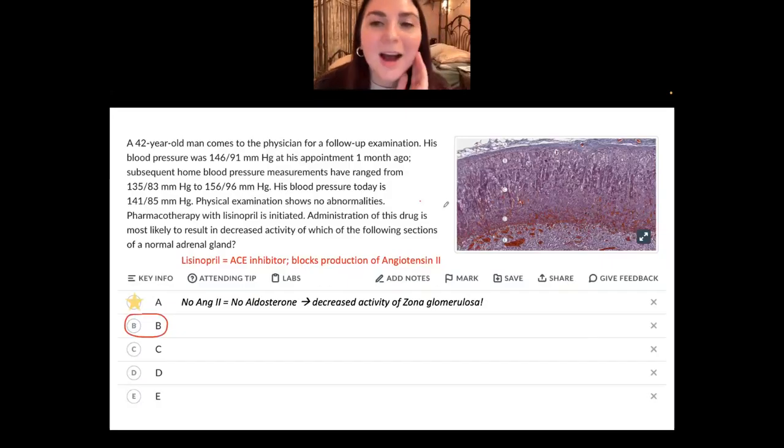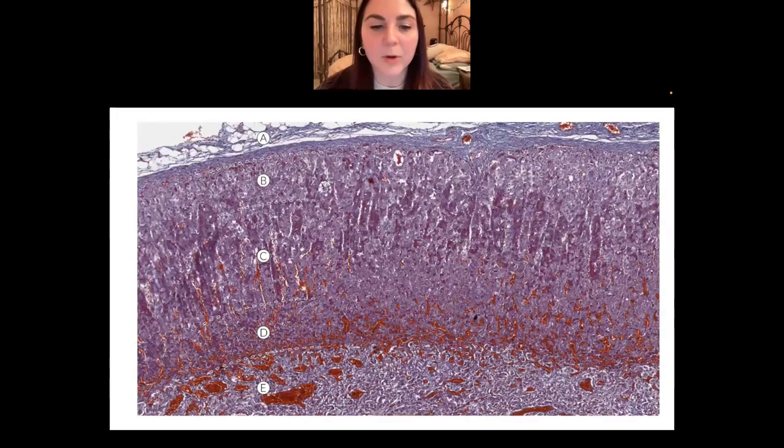Ignore me with A. Because this is asking about the zona glomerulosa, right? This is the one that's producing aldosterone. So if you don't have angiotensin 2, you don't have aldosterone, and then you're going to have decreased activity of the zona glomerulosa. Going through these layers, A is going to be the capsule.